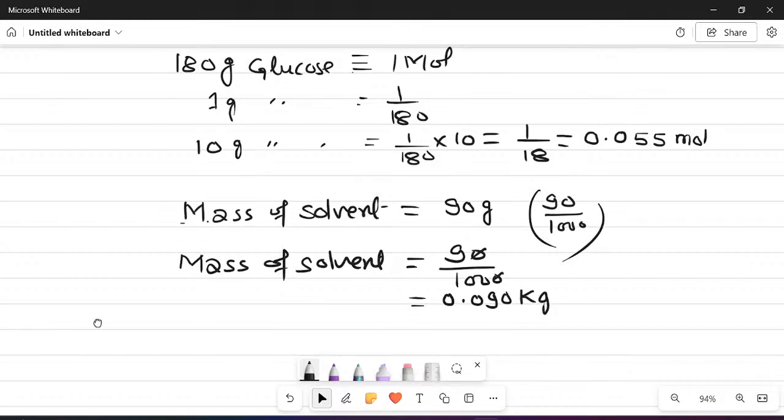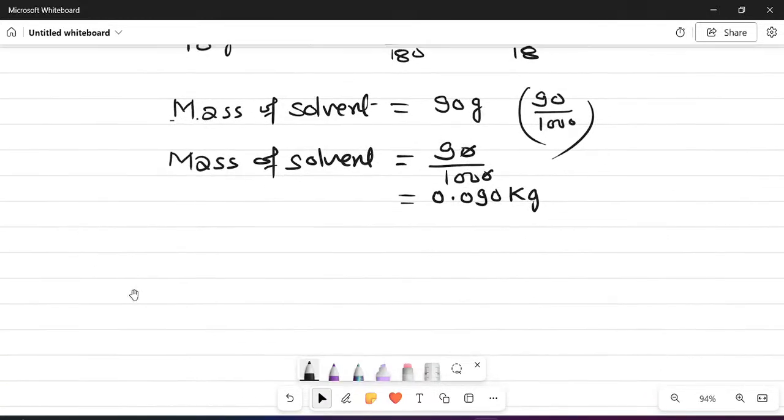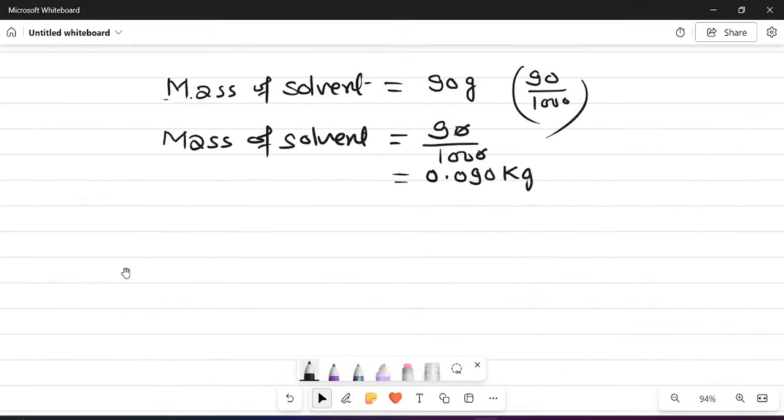What is molality? Molality is number of moles of solute present in 1 kilogram of solvent.